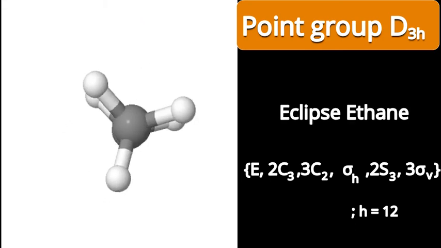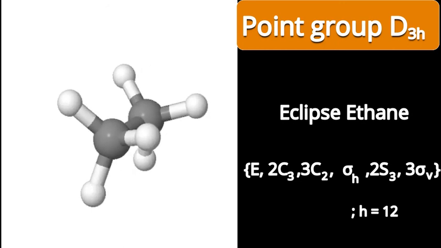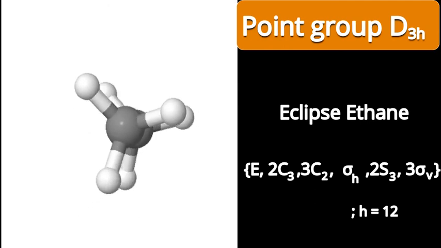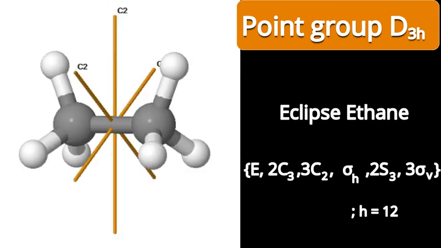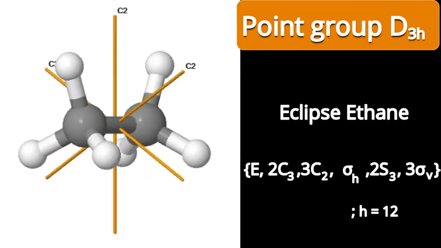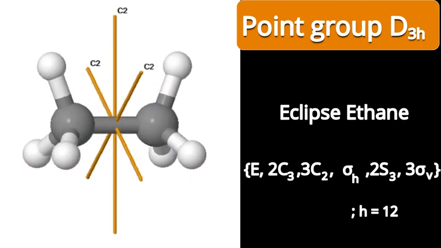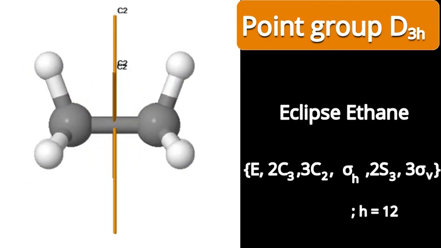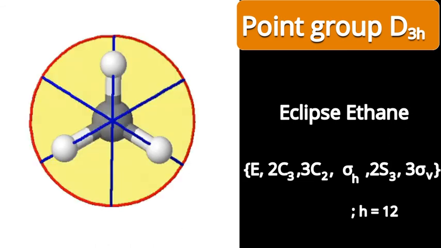The third example that I like to consider here is the eclipsed form of the ethane molecule. There also you will find identity. Along the carbon-carbon bond you will find the C3 axis, so 2 C3 operations. Now the C2 axes pass through the center of the carbons, but those axes will be parallel to the carbon-hydrogen bond lines. Three such axes are possible, so I can write 3C2.